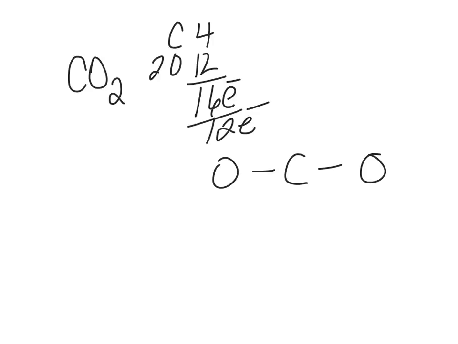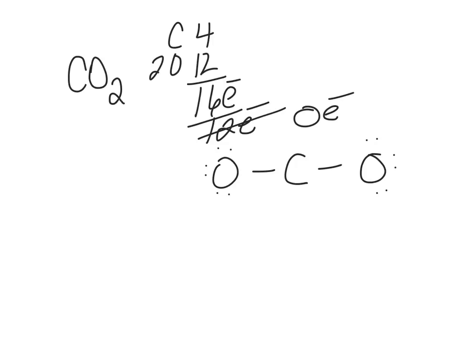It says stick them around your outside, your terminal atoms, to complete their octet. Each oxygen currently has 2. They want 8. They need 6 more. We've got 0 electrons left, but we have a problem. Our carbon only has 4 electrons, but it wants 8.